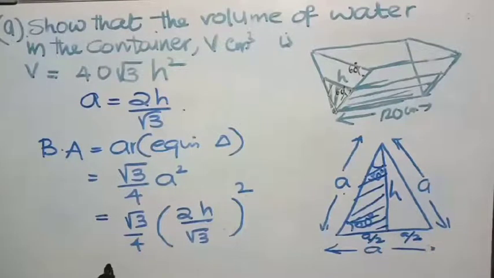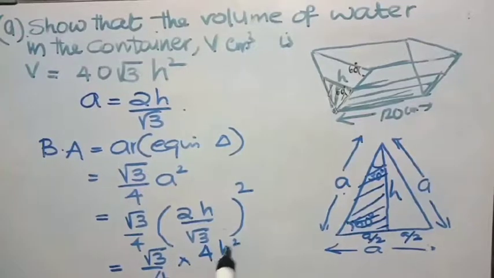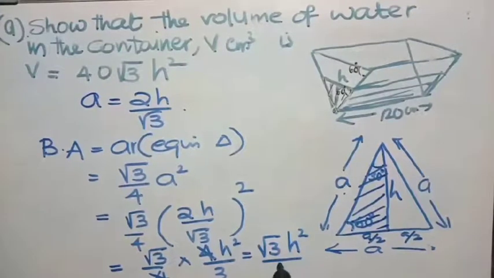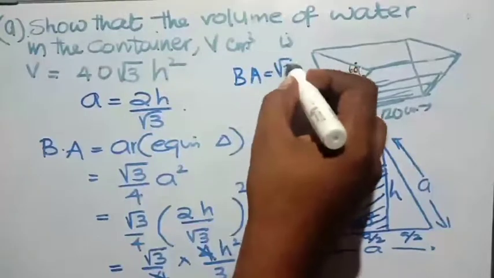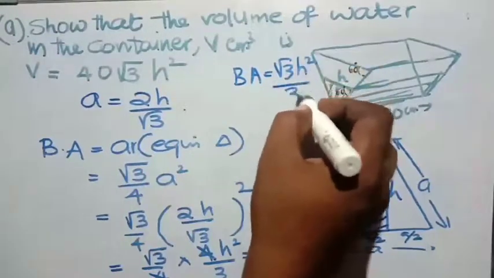We get root 3 by 4 times 4H squared by 3. Root 3 square is 3, so this 4 and 4 get cancelled. So we get root 3 H squared by 3 as base area.